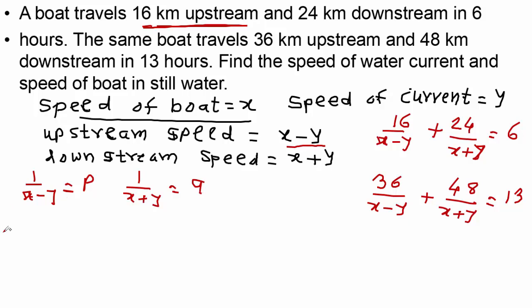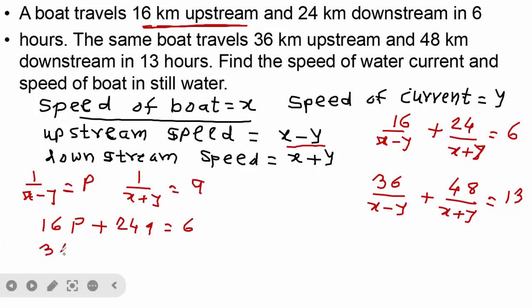Therefore, this equation becomes 16p plus 24q equals 6, and the second equation becomes 36p plus 48q equals 13.